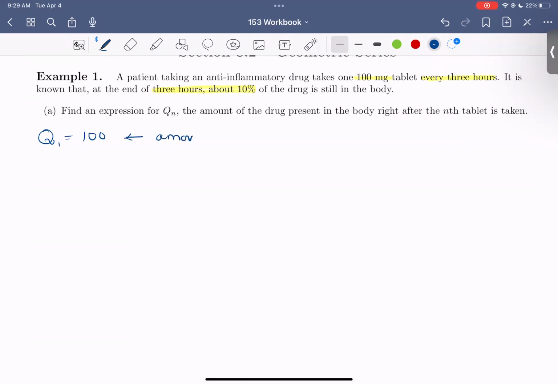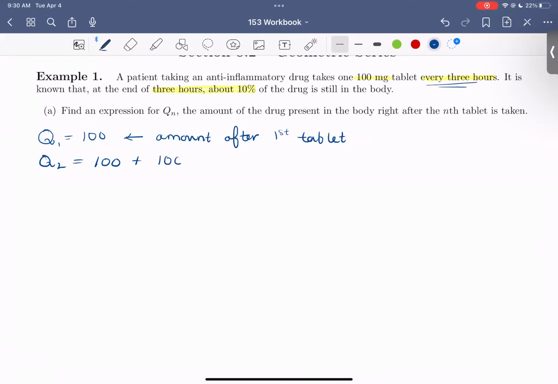So this is the amount after the first tablet. Okay, so then what happens? How do we compute Q2? Well, at Q2, we've taken the second tablet, so that means 3 hours has passed. So at that 3 hour mark, we're going to take that second tablet, so we have that 100 milligrams now in our body, but we still have 10% of the first pill in our body.